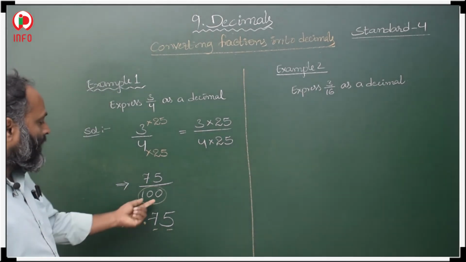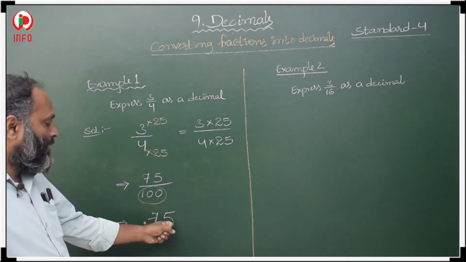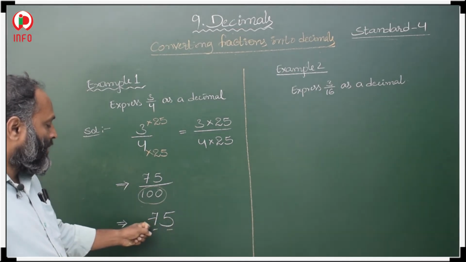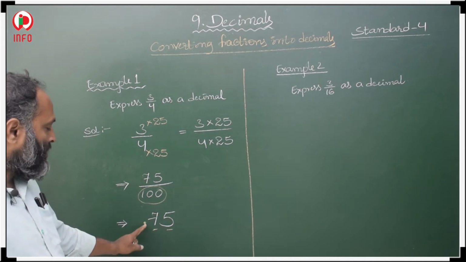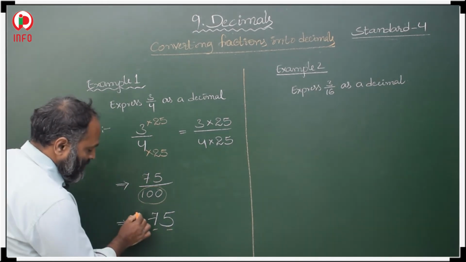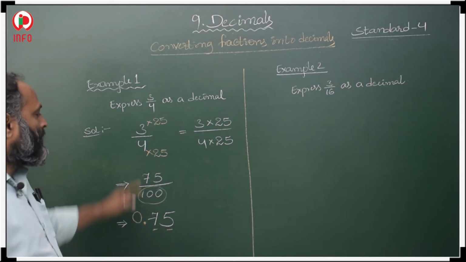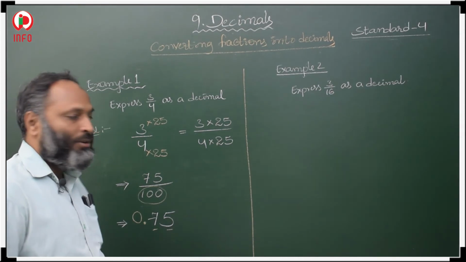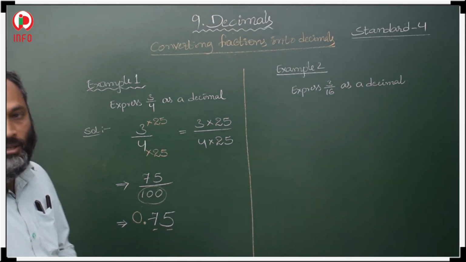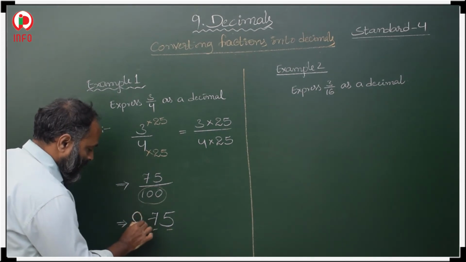Here in the denominator we have 2 zeros, so in the numerator after 2 digits we keep a decimal, that is .75. Before the point nothing is there, so we write 0. So 3 by 4 in decimal is 0.75. Okay, this is the answer.